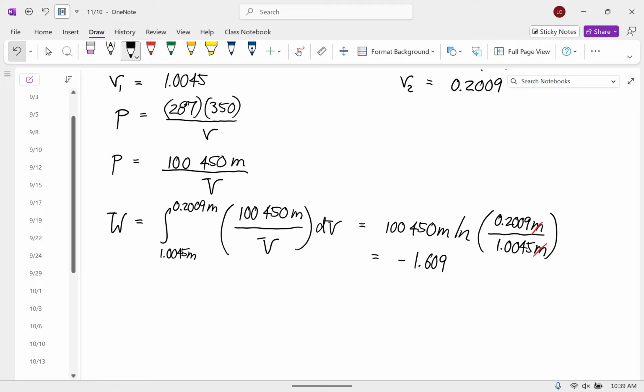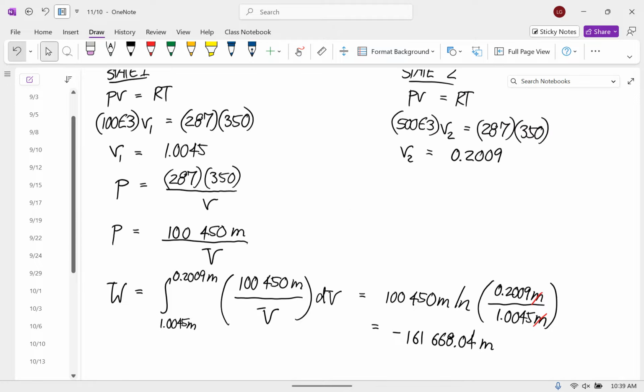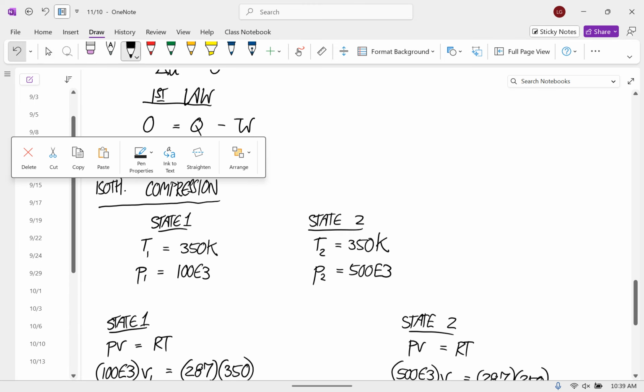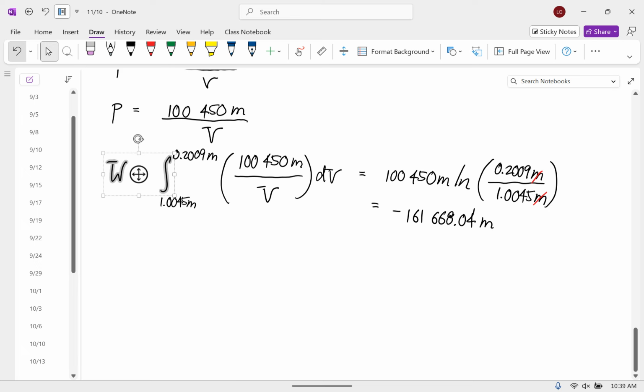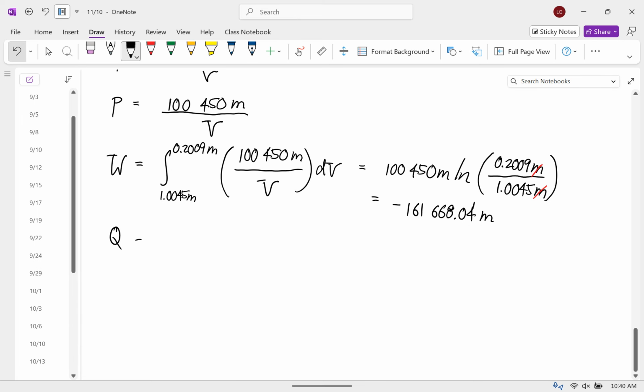Okay, times m. Negative 161,668.04 times m. So there's the work. And so from this relationship using the first law, we know that that's also Q.